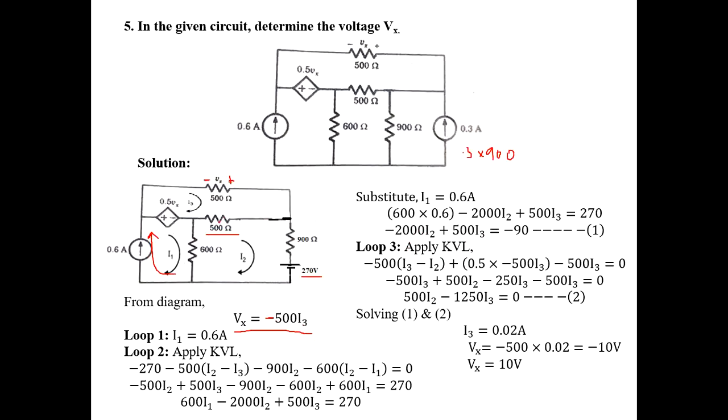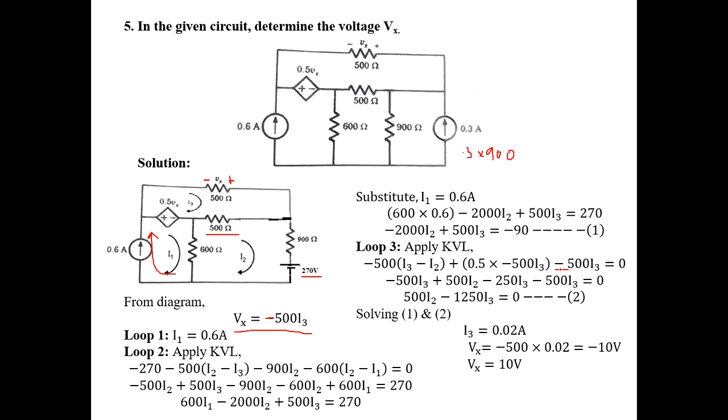Next, apply KVL in the third loop. Here, resistor means voltage drop: minus 500 into I3 minus I2. This arrow means this negative, so plus 0.5, and then Vx. We know that Vx is minus 500 into I3, so just substitute the value. While writing the KVL, we put this minus sign because this is a resistor and it has a voltage drop.